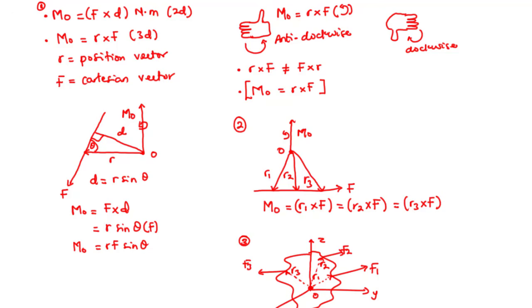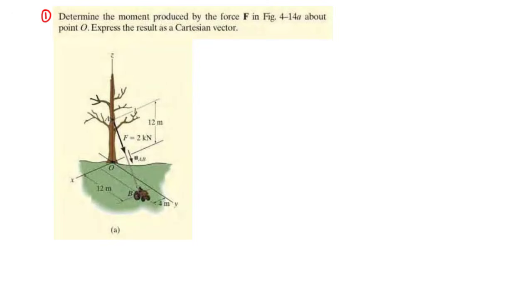Now, based on what we've studied so far, let's consider a few examples. Now, this happens to be our first question. Let's try this question. Determine the moment produced by the force F in the figure 414a about point O. Express the result as a Cartesian vector.